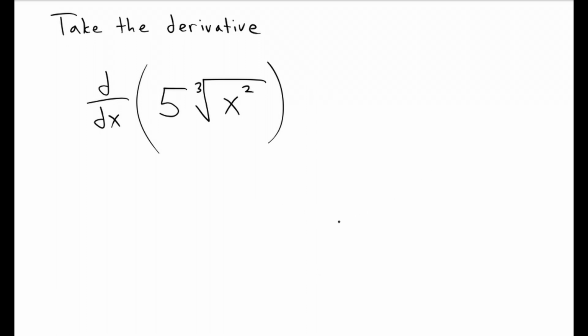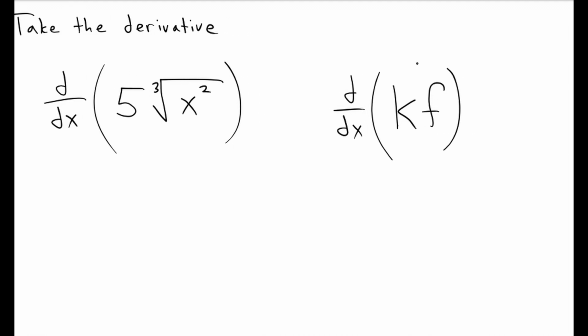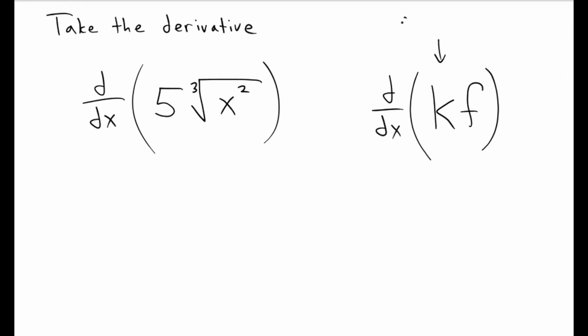Then we have this rule that if we are ever trying to take a derivative of a constant times a function, k here stands for just a number. f here stands for a function of x.